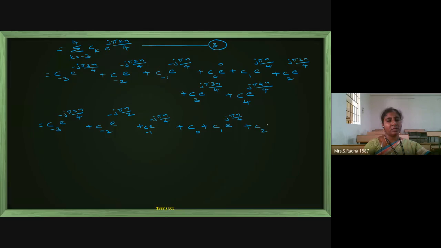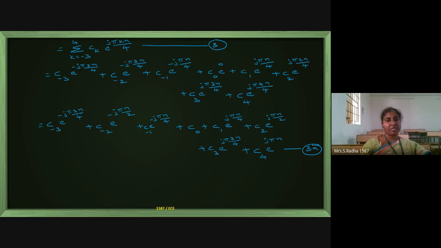Next term e power, small simplification is possible, pi n by 2 I can write, plus C3, no simplification possible, pi 3n by 4 I will write as it is. Next term I can have a small simplification, e power j pi n, 4 and 4 will get cancelled. This I am making it as 3a. 3a, one and the same.